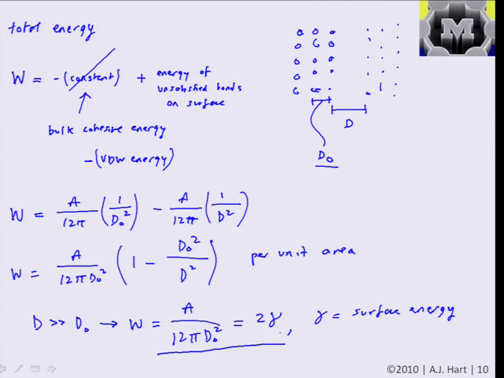The D naught length scale for both materials is the same? Yeah. And we're going to relate it in a second to the atomic spacing in the lattice. So we haven't defined D naught yet.